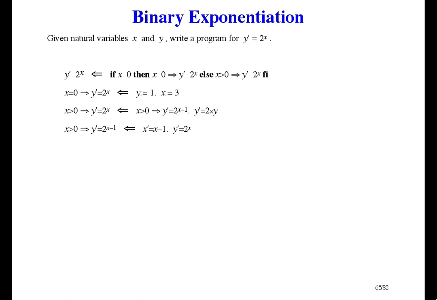That's only one new problem because we've already refined y prime equals 2 to the x. We still have the problem of doubling y, which of course is easy, but the specification doesn't say what should happen to x. So again, I'm going to make a totally superfluous assignment just because I'm allowed to.